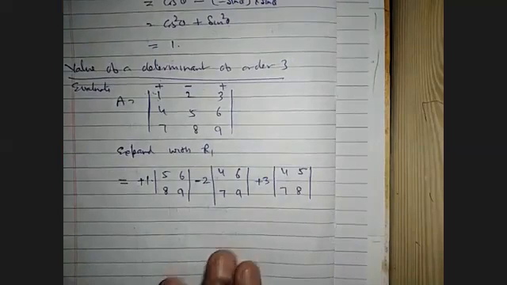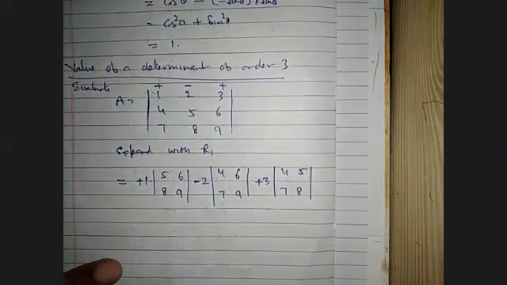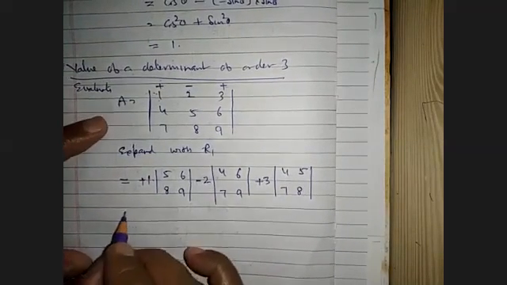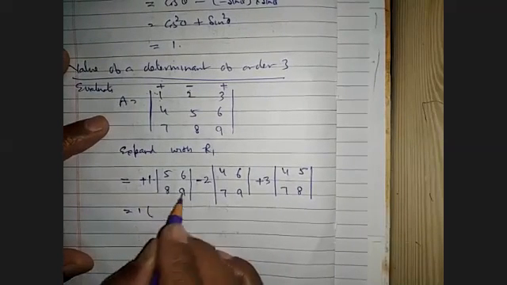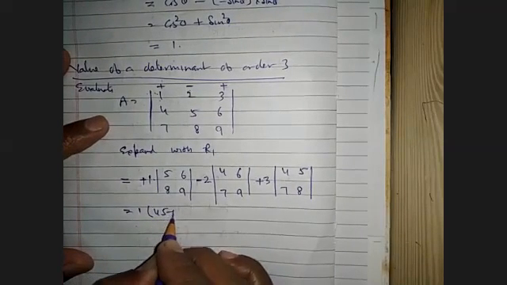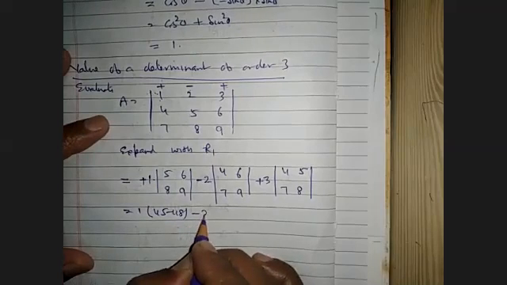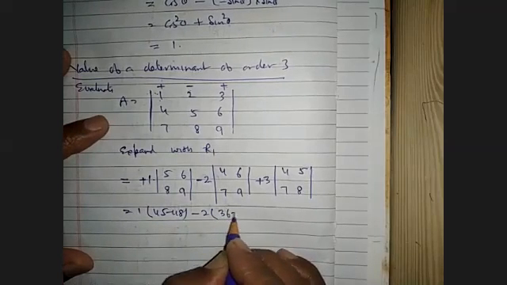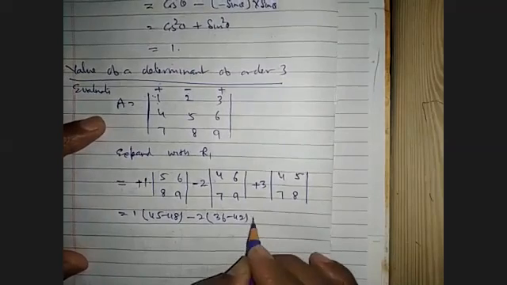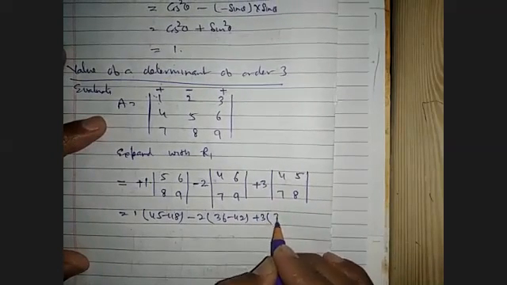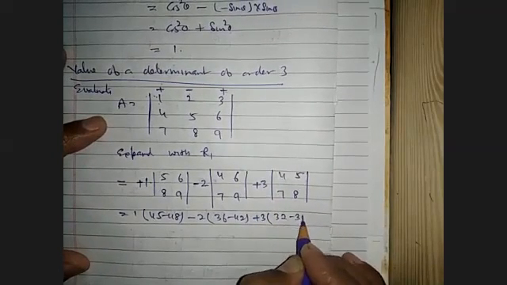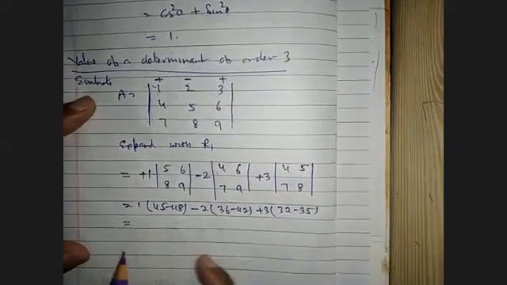Now we can expand these determinants of order 2. This equals 1 into (45 minus 48), minus 2 into (36 minus 42), plus 3 into (32 minus 35).